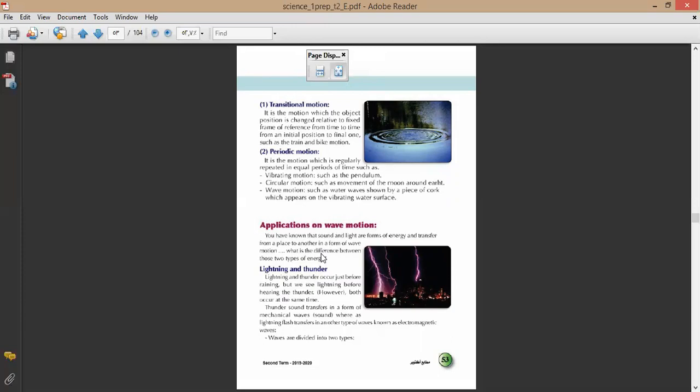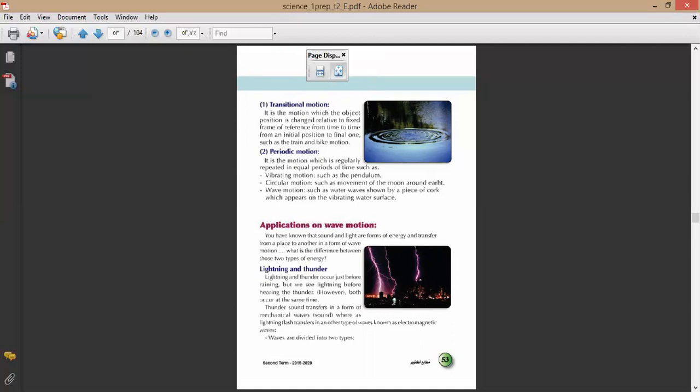So light and thunder are examples of wave motion. But what is the difference between them? When there is lightning and thunder, you see lightning firstly, then hear thunder. See, then hear. That's because wave motion is of two types.